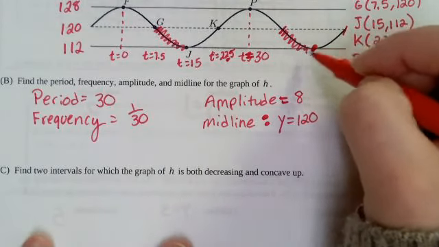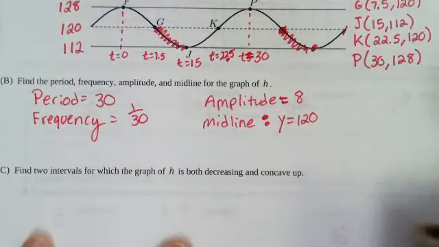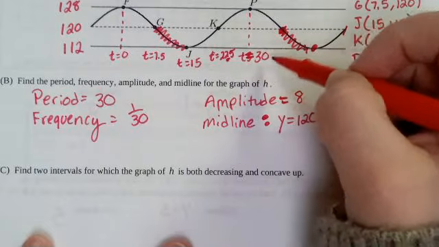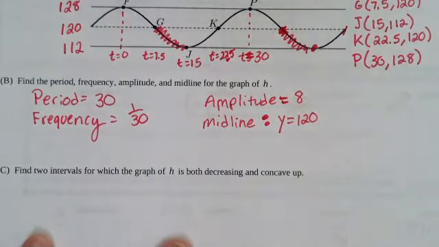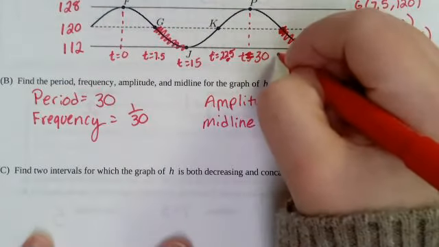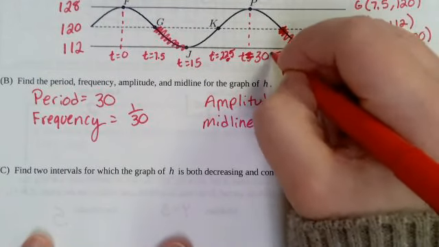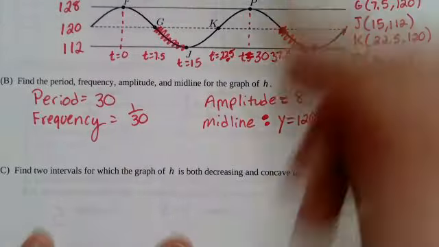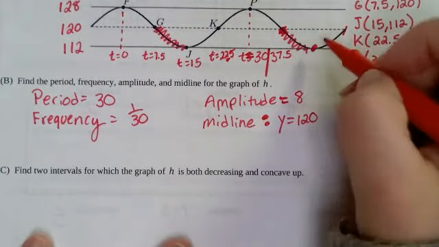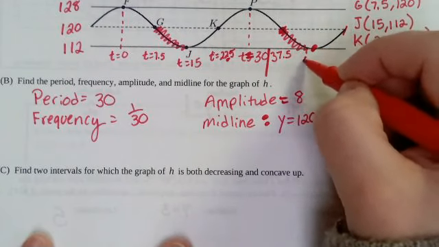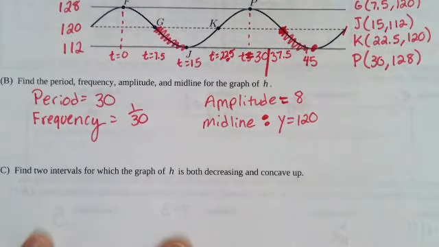So I need to figure out what these coordinates are so that I can use those x values. Remember that this is going up by 7.5 for each little interval, so this is going to be 37.5, excuse me, and then this point right down here is 45.